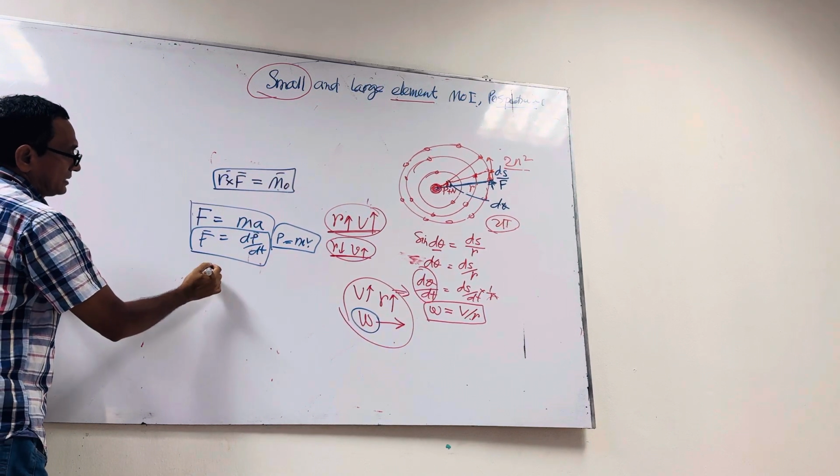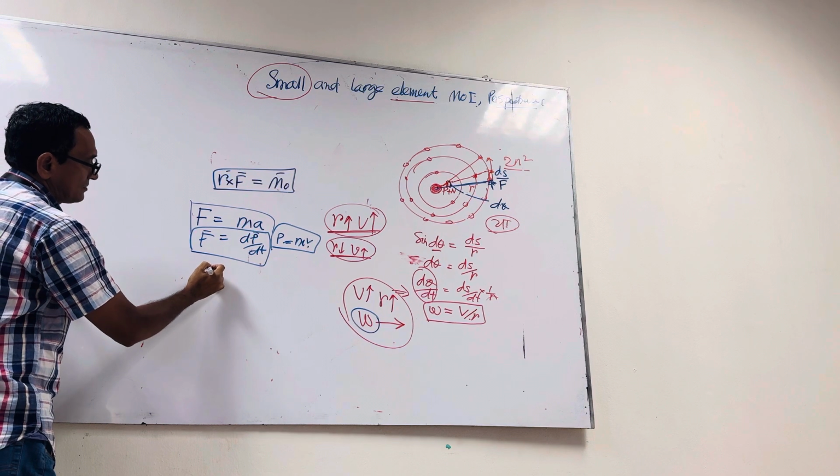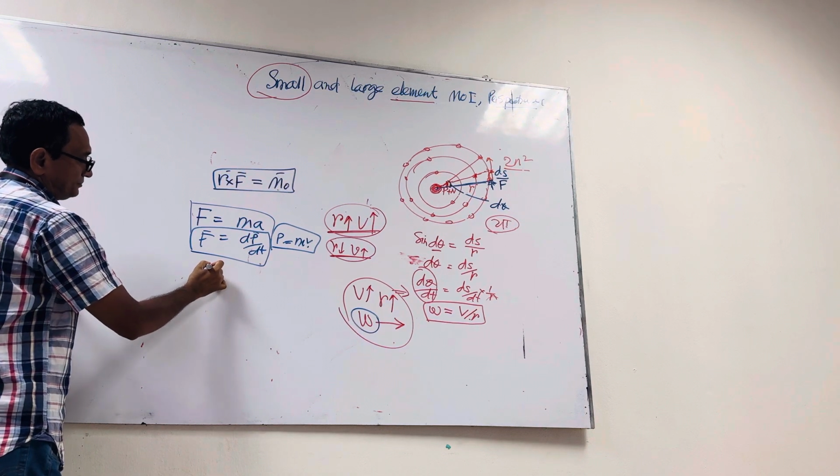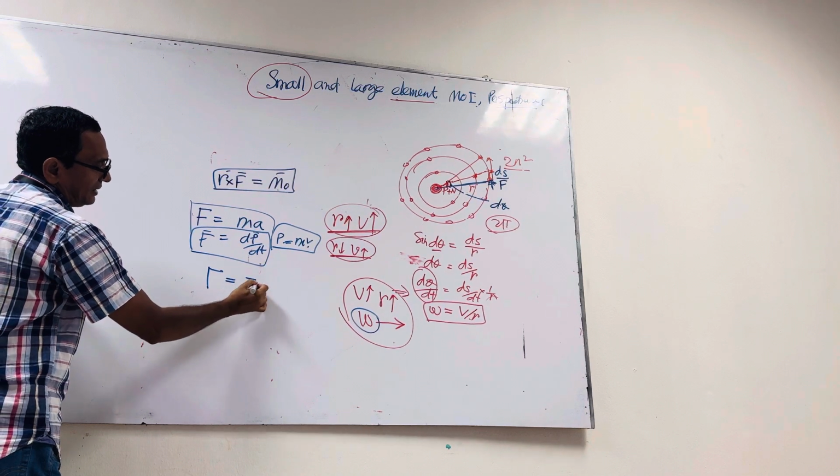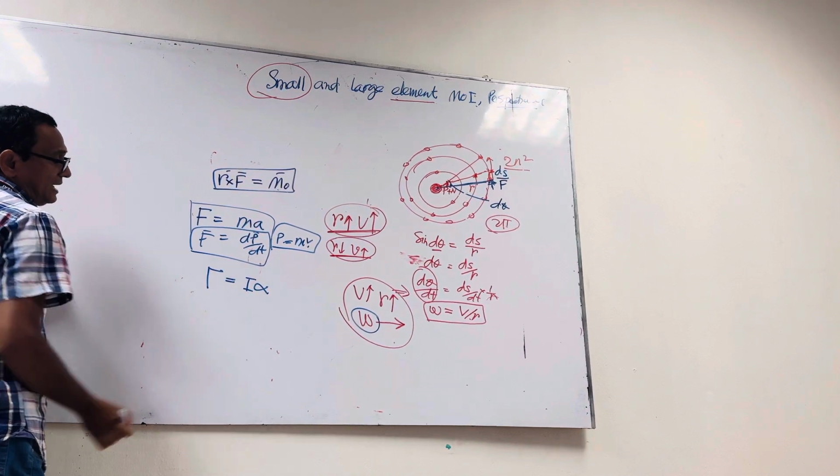Then how about the torque? We know that the torque is associated with the torque tau equal to I alpha. We discussed this later several times.